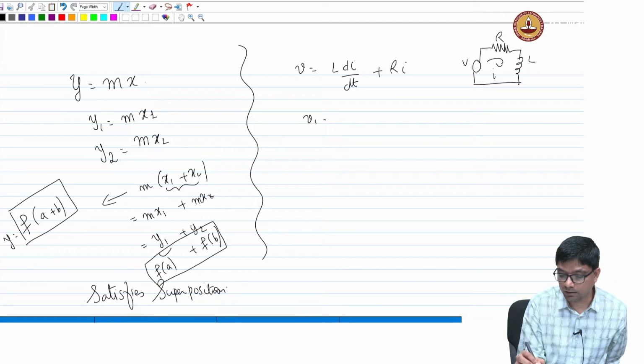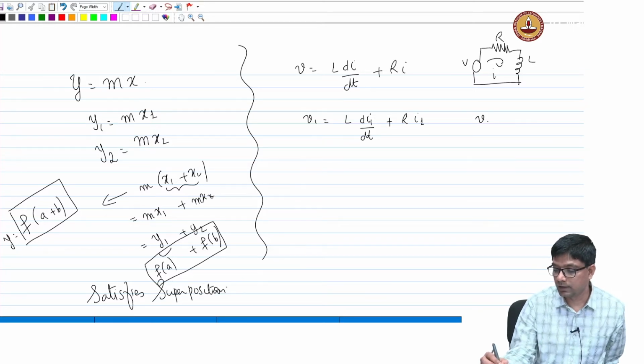Say V1 will be L di1 by dt plus R i1. This is an input-output relation, V1 producing a certain i1, and V1 and i1 are related via this equation.